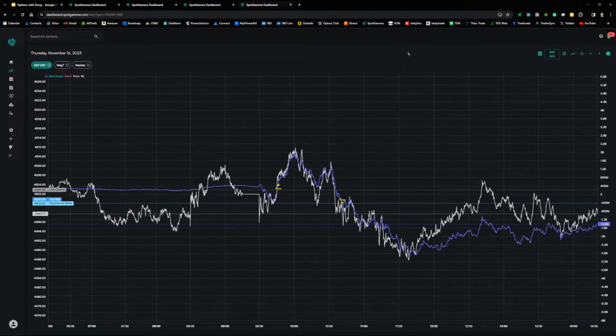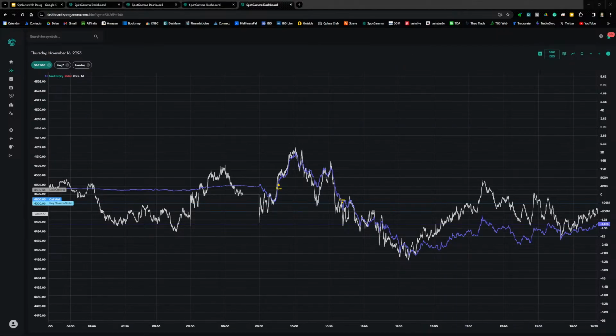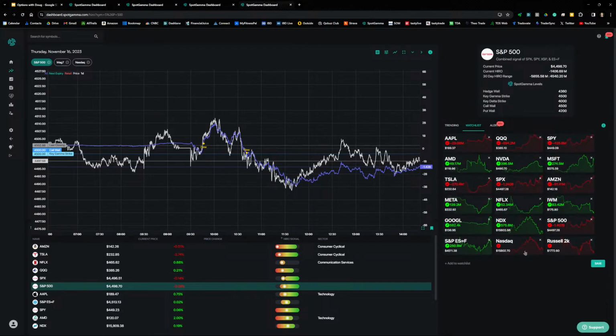Zoom in on this. So it looks like Hero is starting to slope up. Let's take a look at NASDAQ.